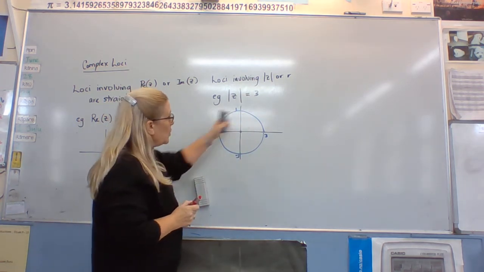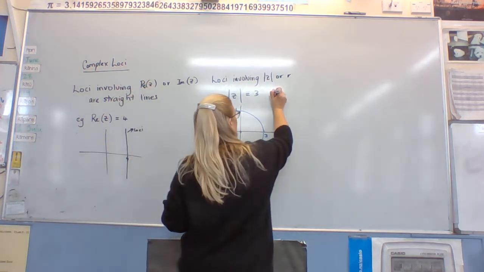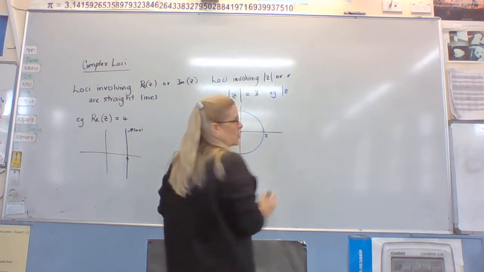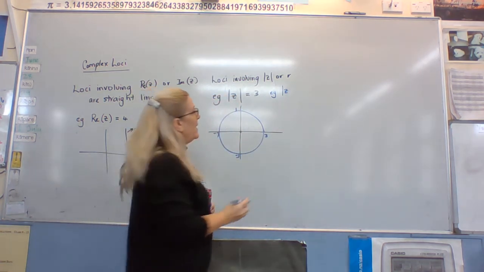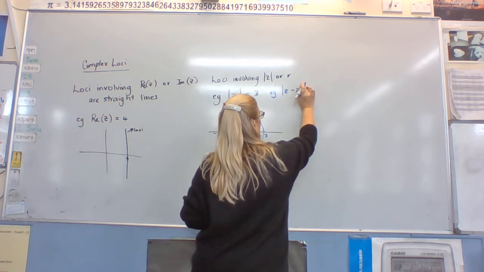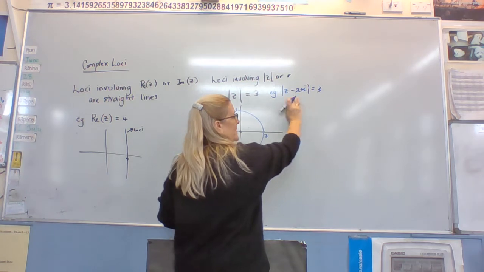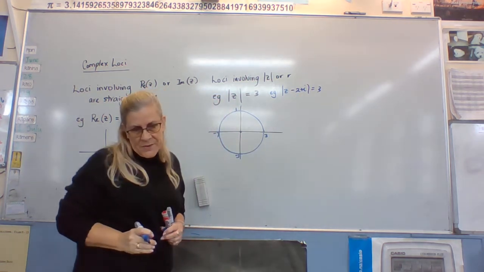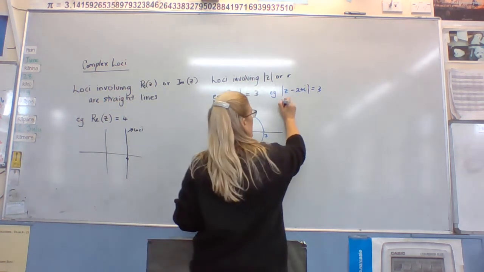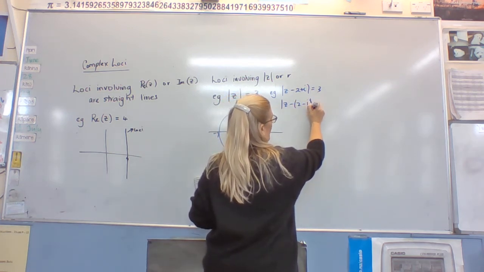All right, they could move this by saying something like the modulus of any complex number plus 2 minus i equals 3, all right? So they've moved the centre of it. They've moved the centre to, this is the tricky part, 2 minus i.